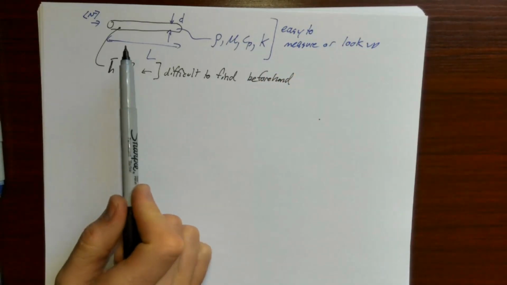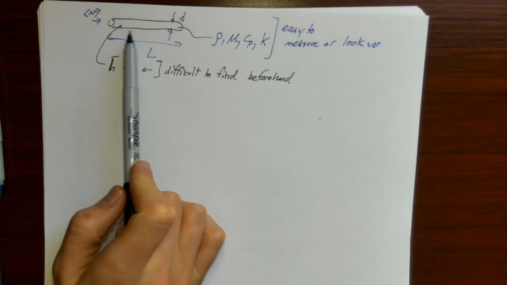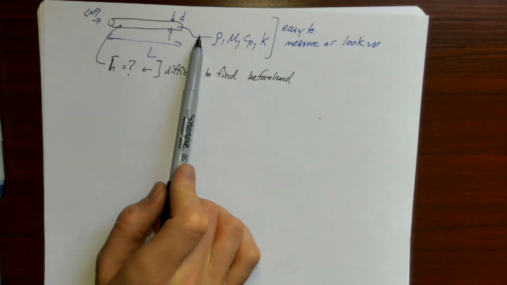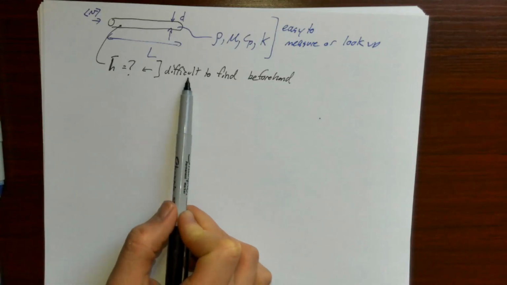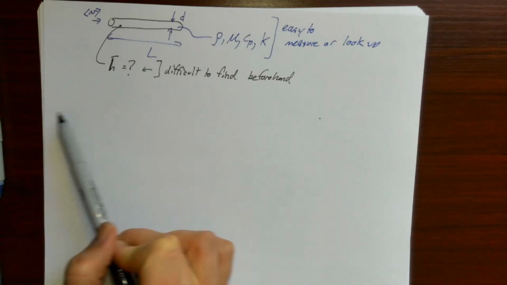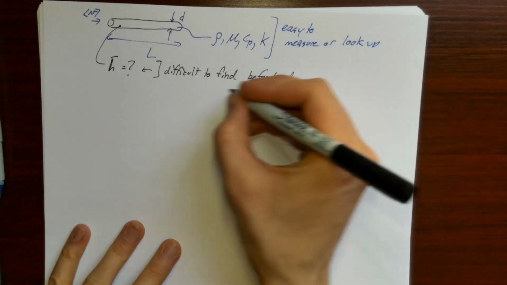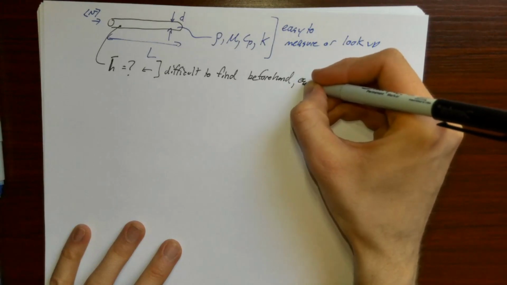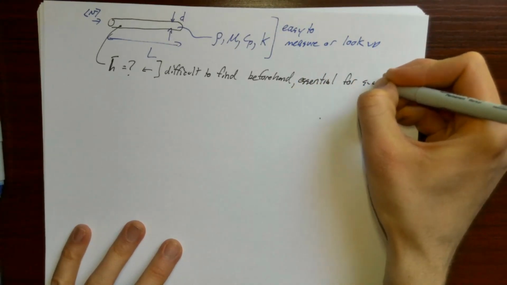And yeah, sure, you could set up a situation where you run an experiment with the precise conditions for your heat transfer and then measure what H was, but that's a pain, right? What happens if it's wrong? Then you need to go back and redesign your entire device. So this is difficult to find beforehand, but essential for system design.